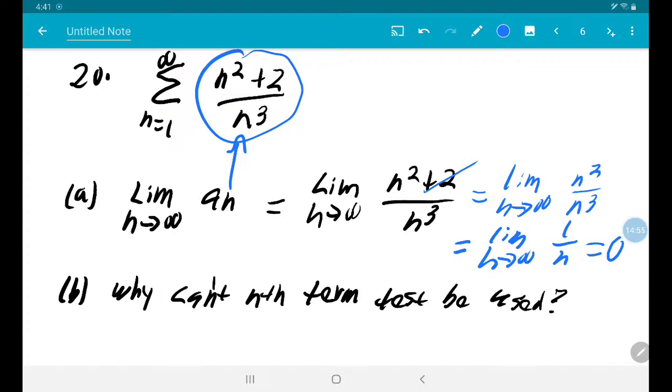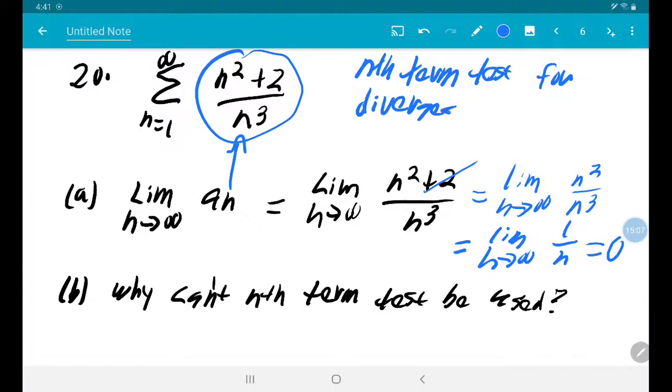First of all, because the nth term test is called the nth term test for divergence. It only does divergence. It cannot tell you if something converges. So the idea here is this.